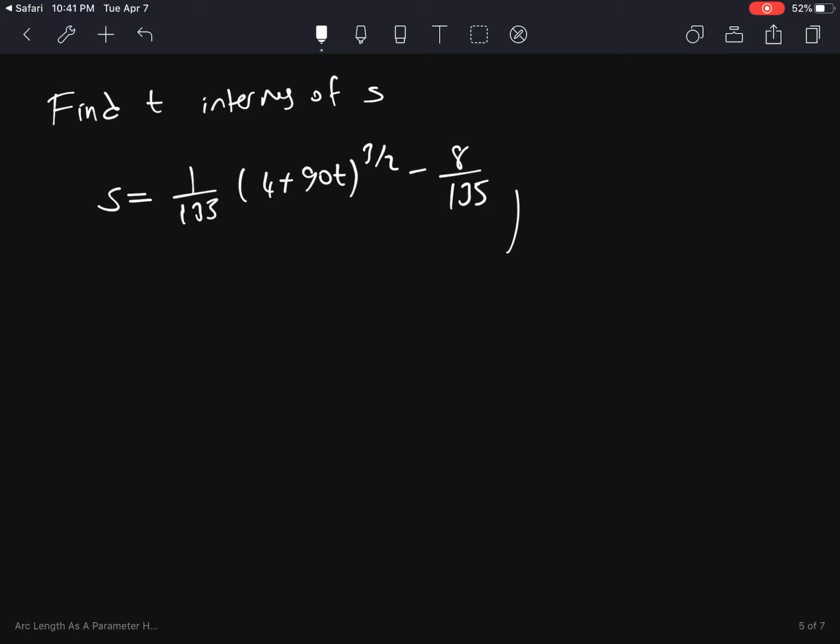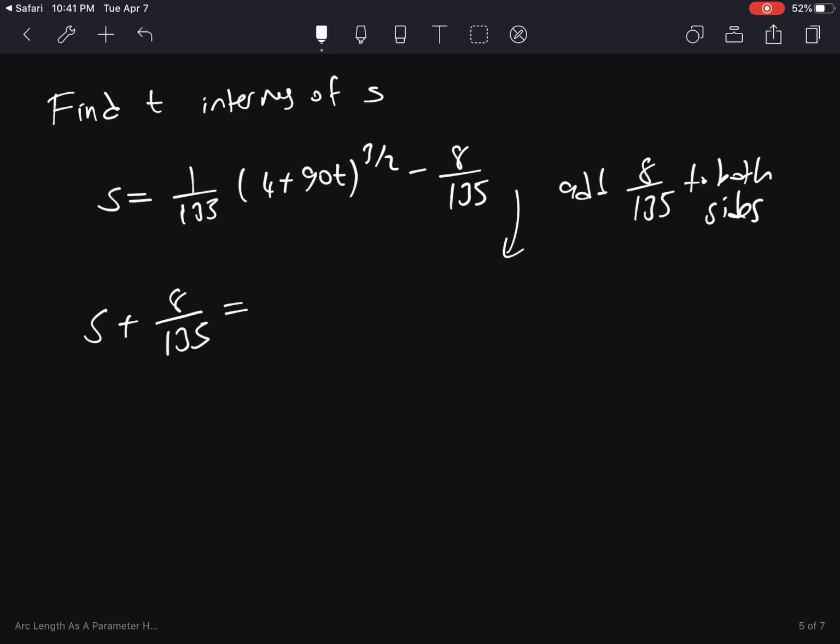Okay, so we need to add 8 over 135 to both sides. When we do that, we have s plus 8 over 135, and this is going to be 1 over 135 times 4 plus 90t to the 3 over 2.